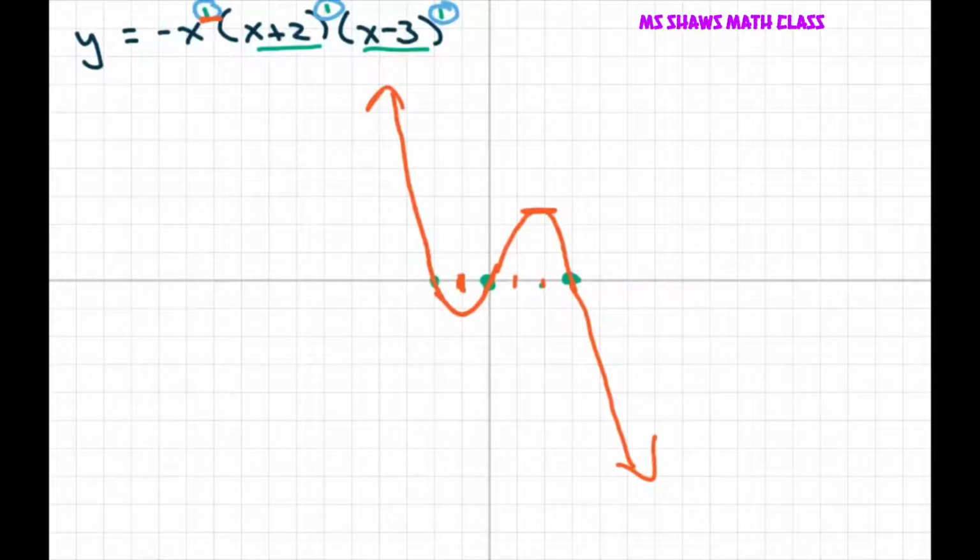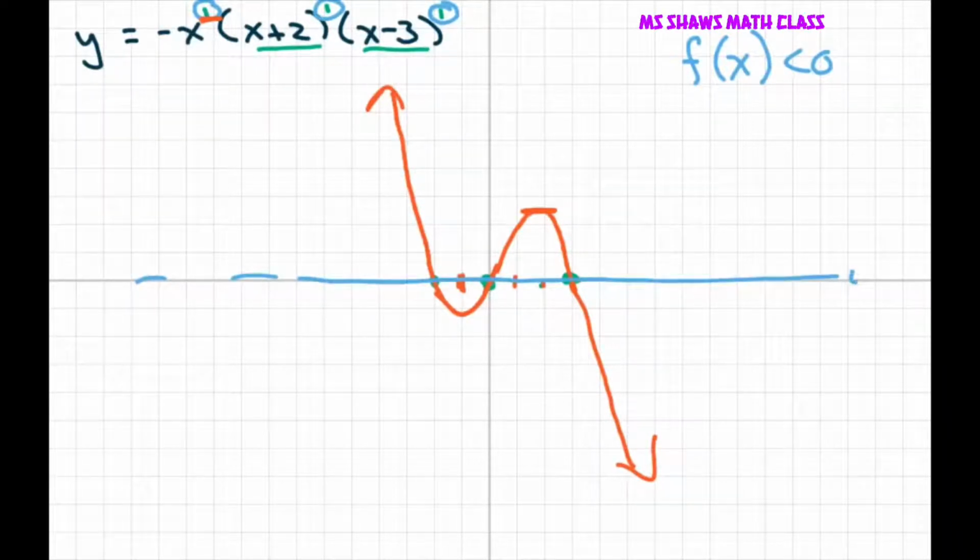And we're going to determine where f of x is negative. So that means where does it fall below this line, y equals 0? Well, y is negative in here. So y is negative from negative 2 to 0. And y is also negative in this part, so that's from 3 to infinity.